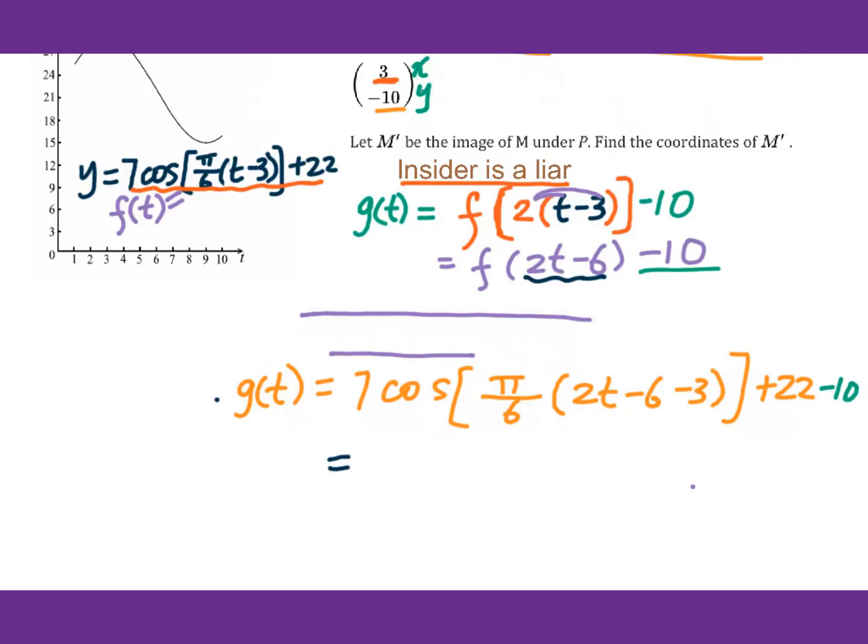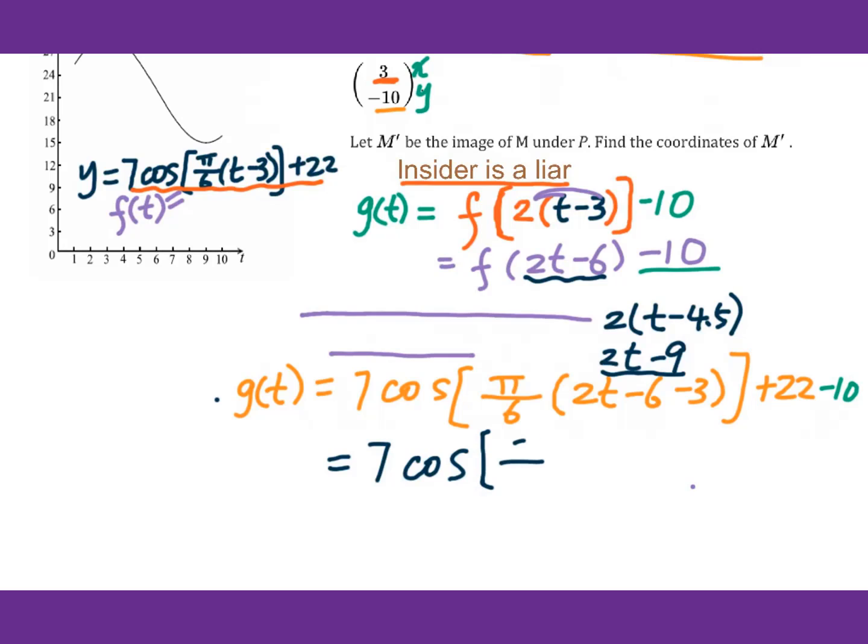We organize 7 cosine. Inside will be 2t minus 9. I will take a 2 outside. In other words, we will factor this 2t minus 9. You will get t minus 9 over 2, that's 4.5.